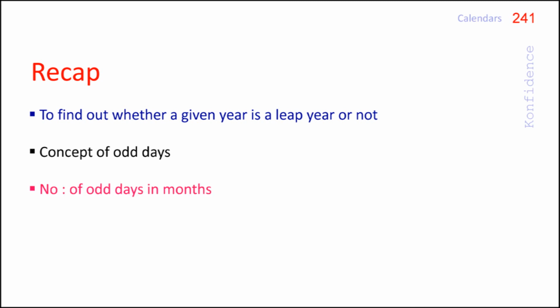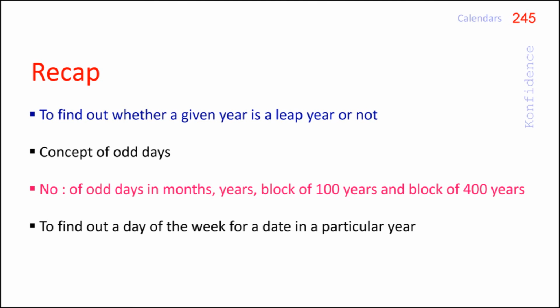We looked at the number of odd days in months, years, blocks of 100 years and blocks of 400 years. We looked at the application of these concepts to find out the day of the week for a date in a particular year. In case of a reference point given and a further date asked to be found out, the idea is to calculate the odd days between them and then the problem resolves itself.